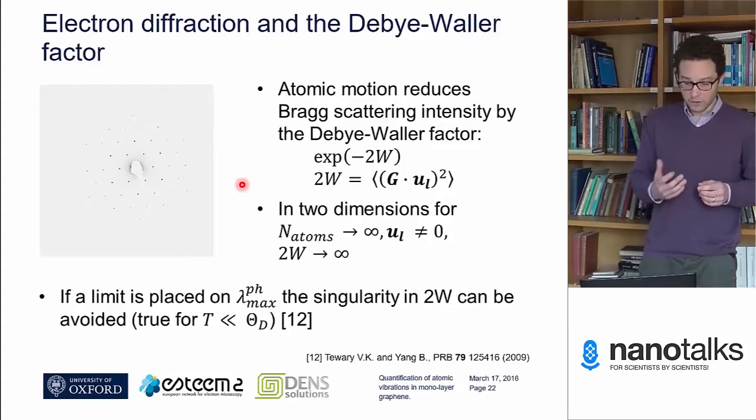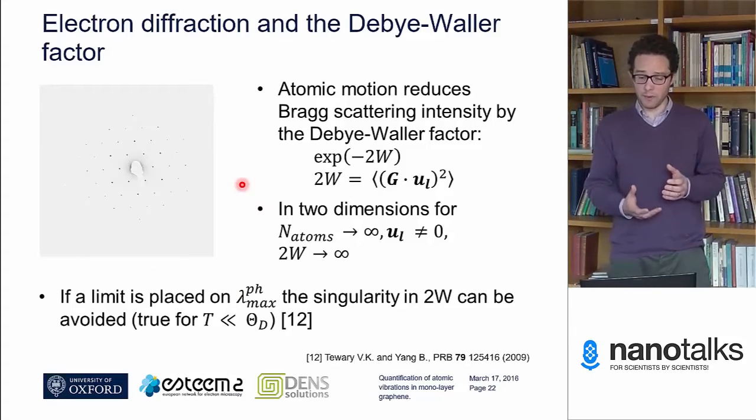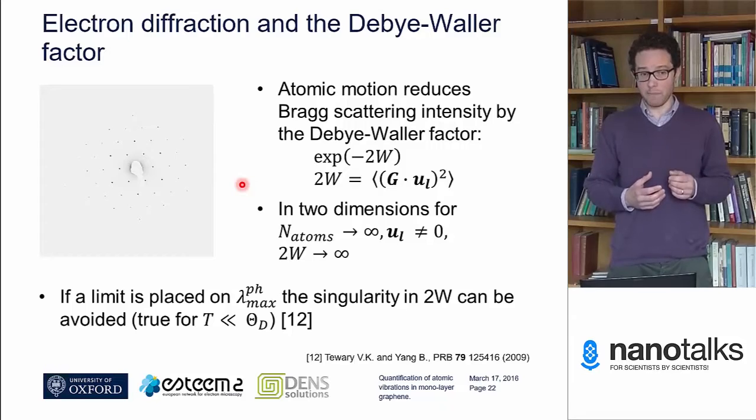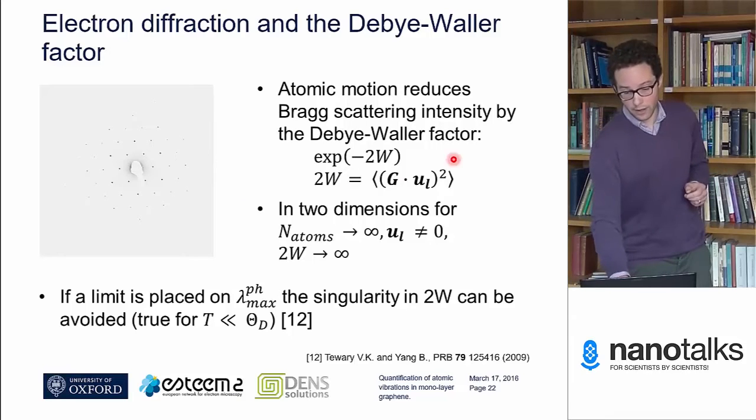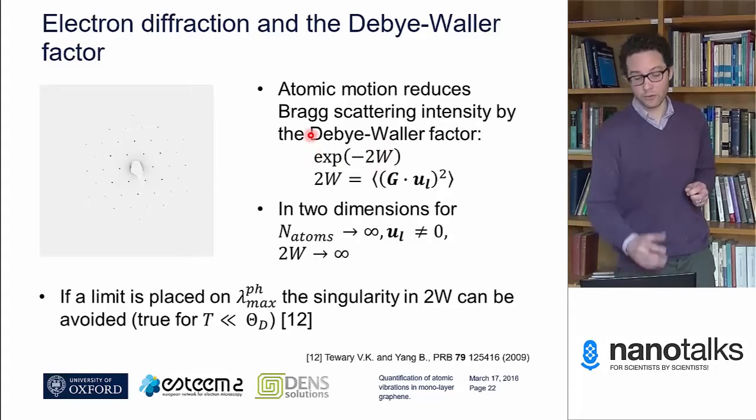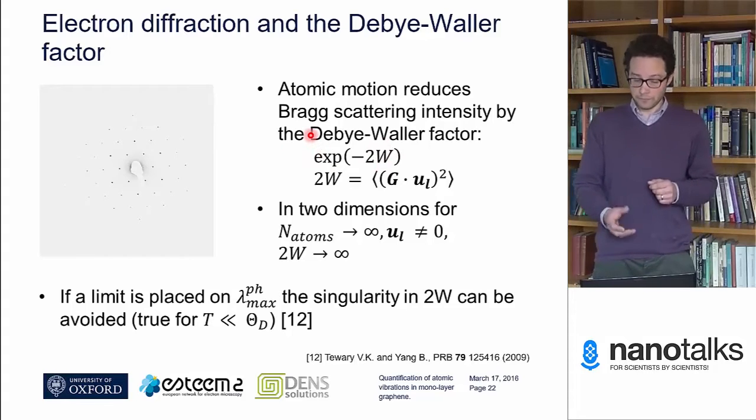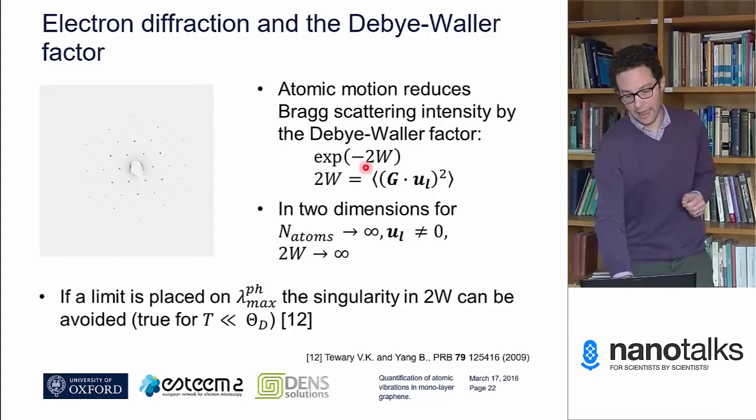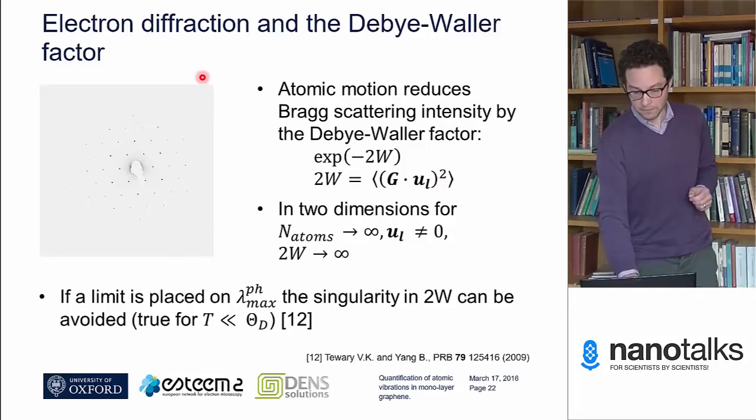This is generally accounted for in scattering experiments by a Debye-Waller factor. So you generally account for this by adding an exponential decrease in the intensity of your scattering, which is written exponential minus 2W, where 2W is the thermal average of our scattering vector and our mean squared atomic displacement.